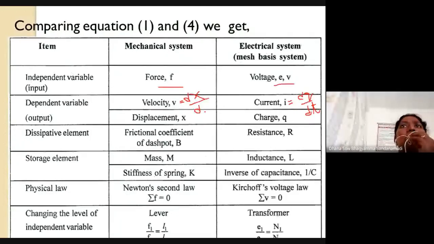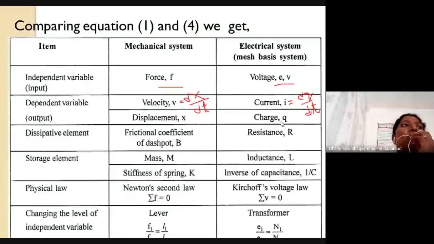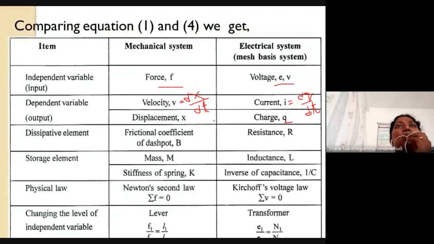In your previous slides, Q(s) can be equated with X(s), which means Q can be equated with X. Q is the charge, so charge can be equated with the displacement. You can replace Q by X. When displacement and charge can be equated, then velocity and current can also be equated. Why? Because I is equal to dq by dt and velocity is equal to dx by dt.